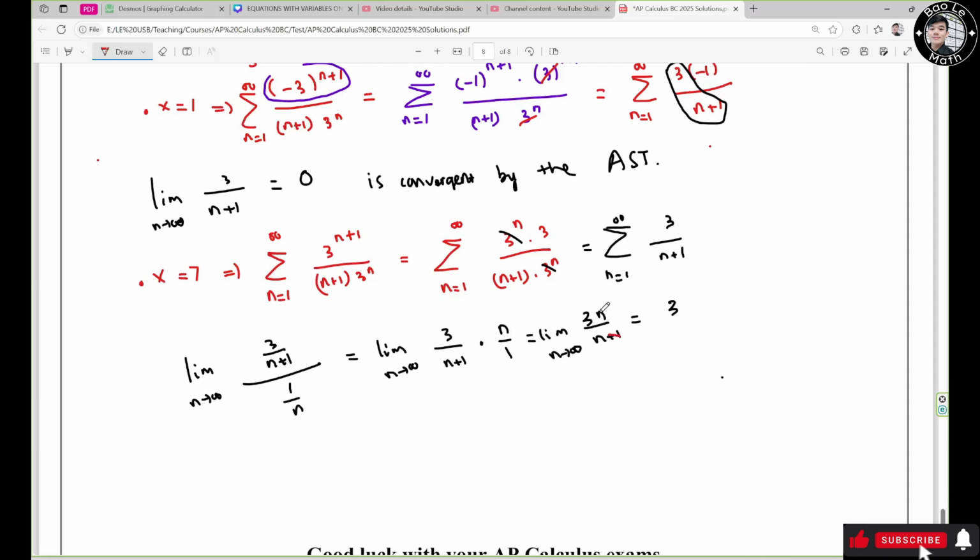You have 3n over n, cancel out n, the answer must be 3. And you know that the sum of 1 over n is divergent by the p-series test. So by the limit comparison test, the sum when n goes from 1 to infinity of 3 over n plus 1 diverges.